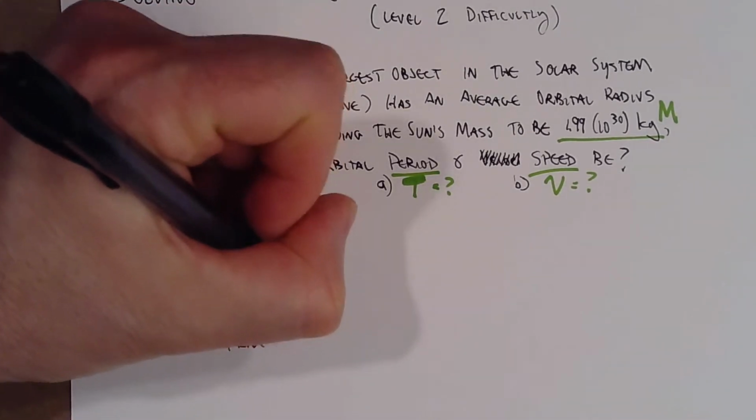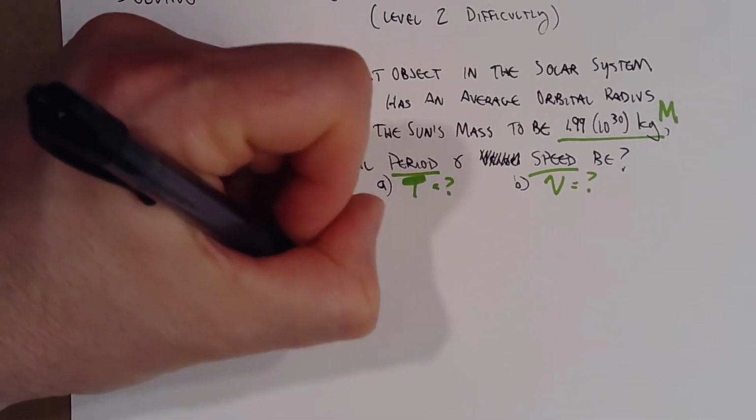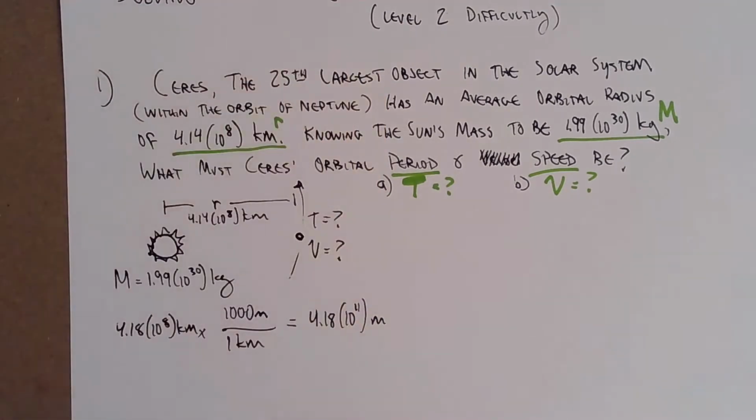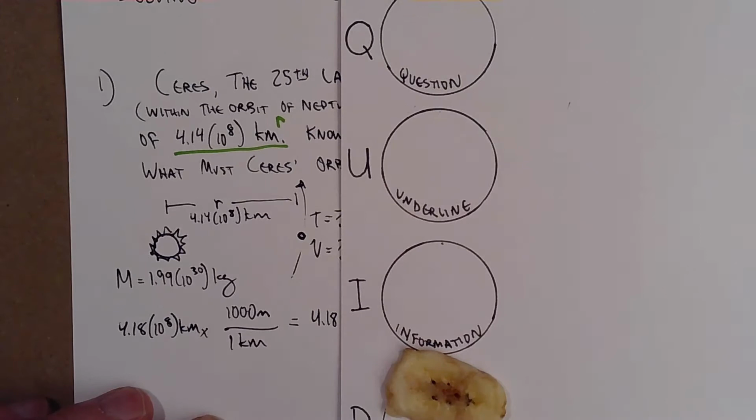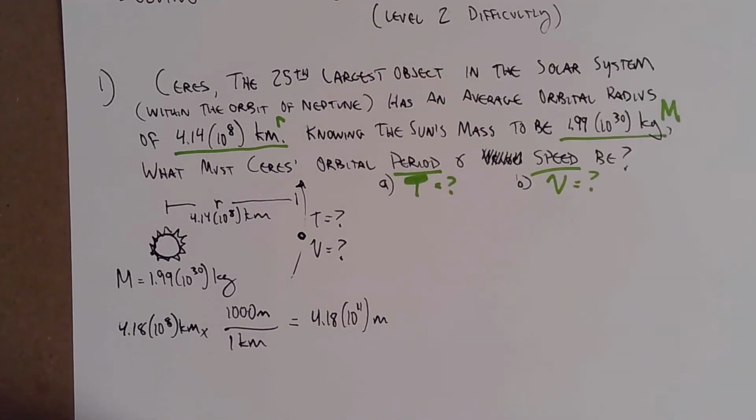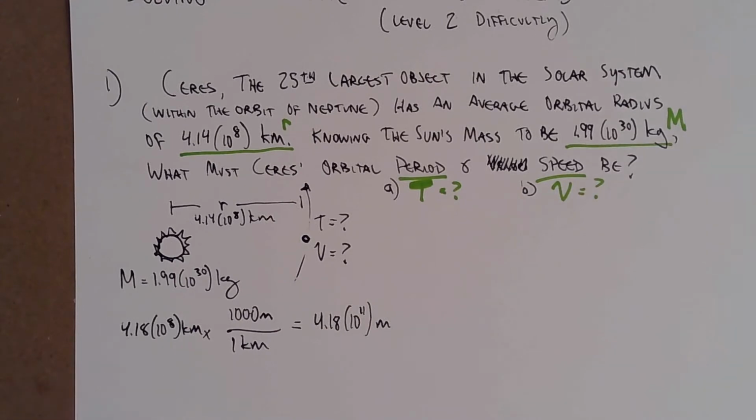So it would be 4.14 × 10^11 meters. All right, now we're ready to go. So that's our information. And let's pick our equation. The first one involves the orbital period.